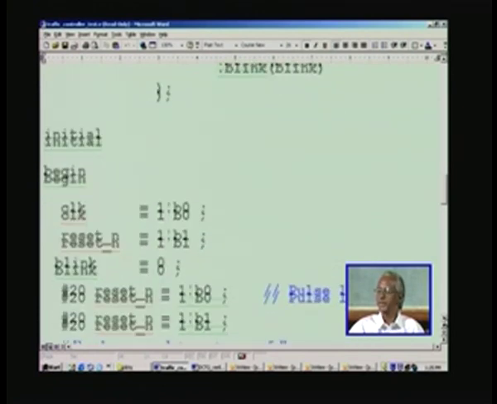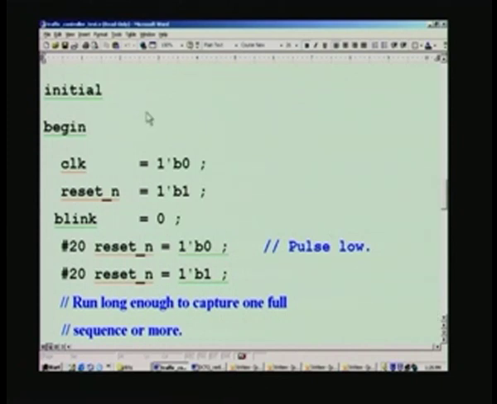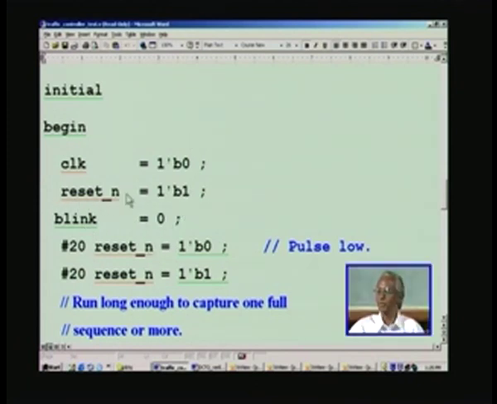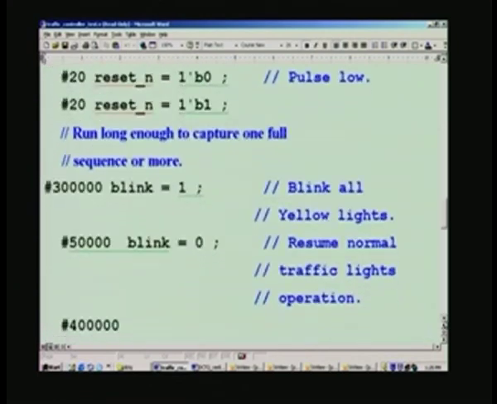And we start the initial block right here in order that we may initialize all the input signals, namely clock, reset n and blink, all of them to 0 except for reset n, because this is active low. And we pulse this reset here for 20 nanoseconds, and once again we restore it back so that normal operation starts right here, and we allow enough time for it to go through at least one full sequence.